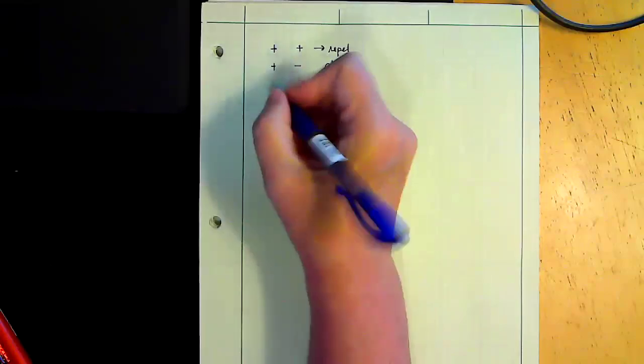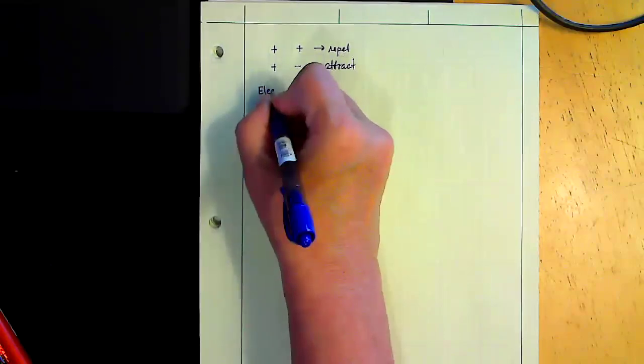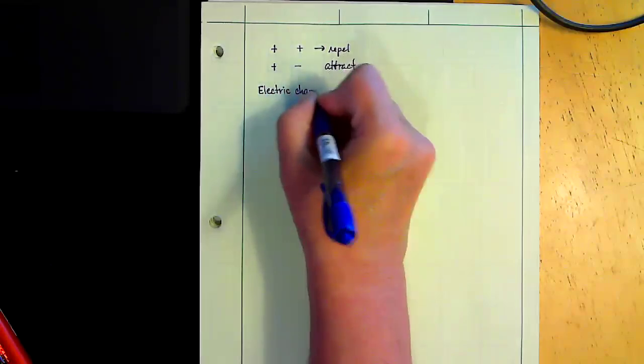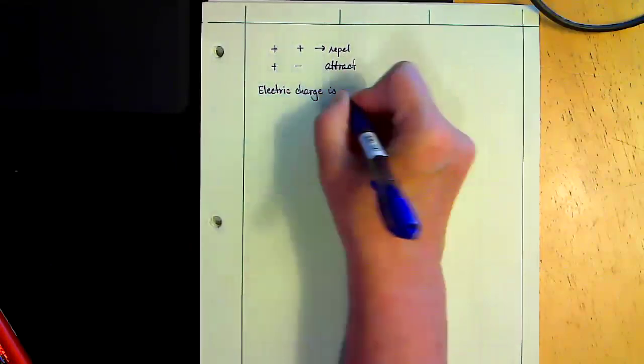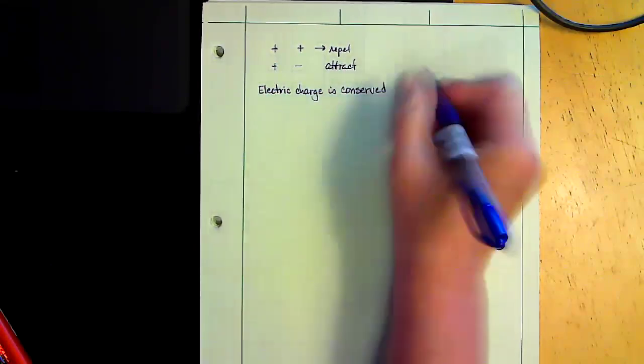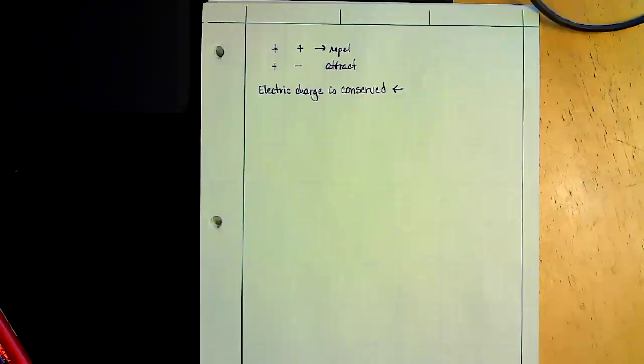One of the things that we didn't talk about here, but we talk about it in chemistry, is that electric charge is conserved. This is a very important idea in terms of chemistry.